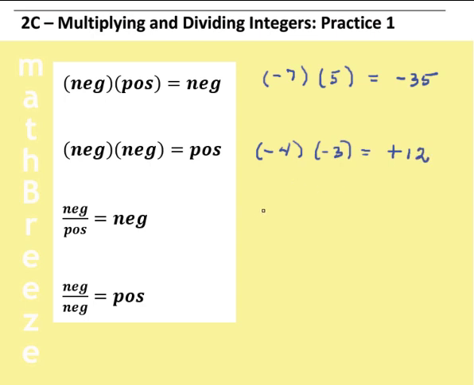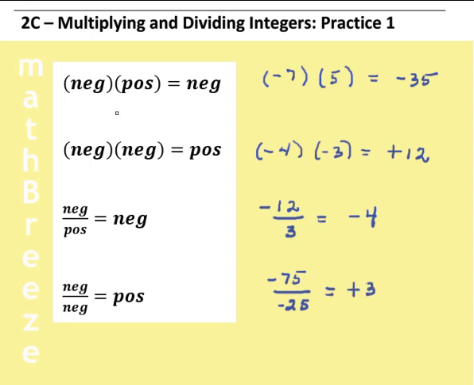Or here, a negative divided by positive, let's say minus 12 divided by positive 3, that would be negative 4. And here, dividing two negatives, let's say we had negative 75 divided by negative 25, that would be positive 3.